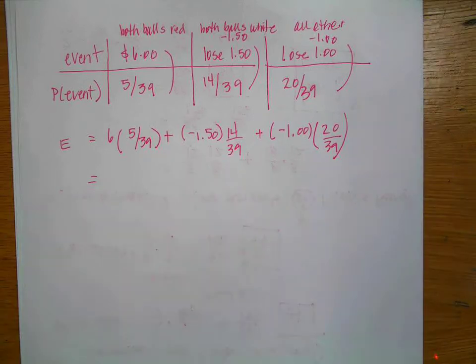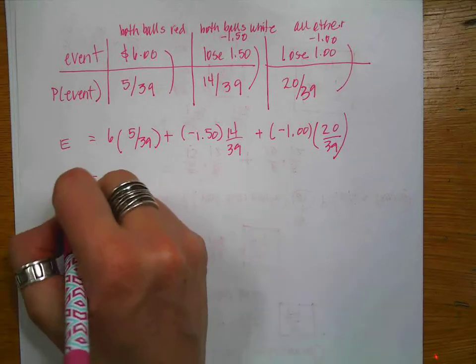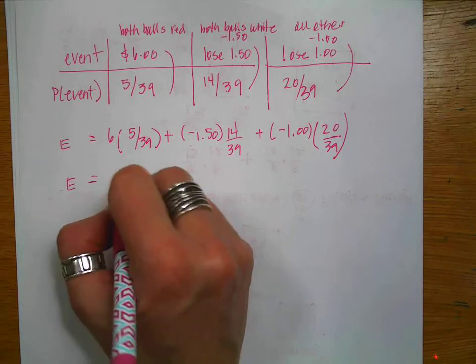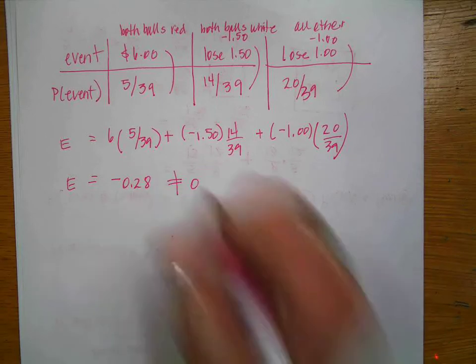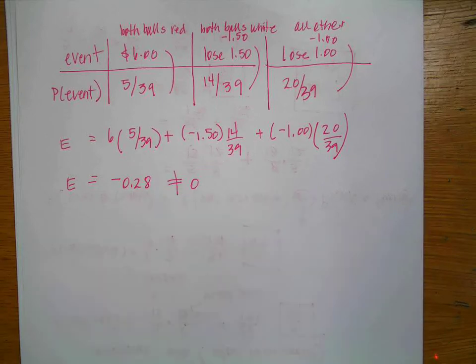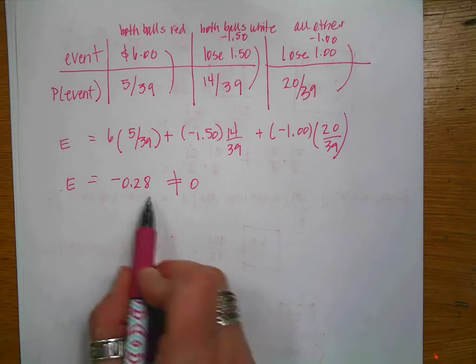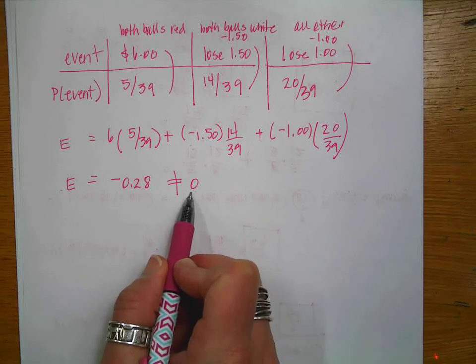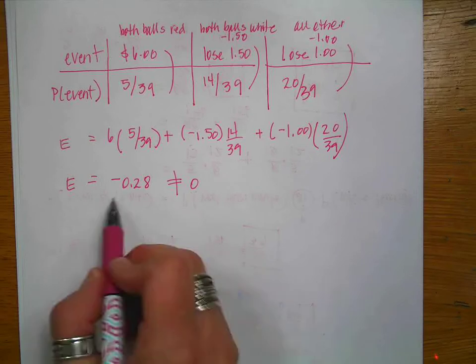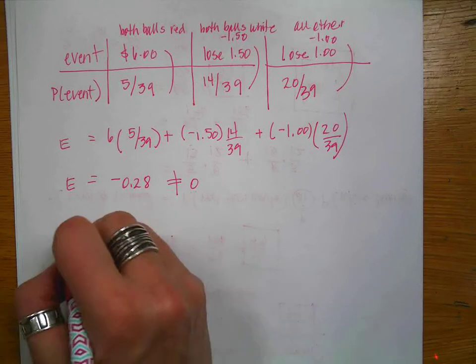If I do all that math, being really careful to enter my negatives when I put all of these numbers in my calculator, I get that my expected value is a negative 0.28. And remember we talked about it has to equal 0 for it to be fair. Therefore, this is not a fair game. And I would venture to guess that most carnival games are not a fair game.